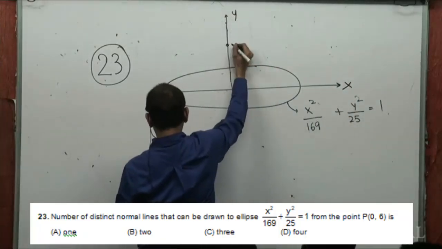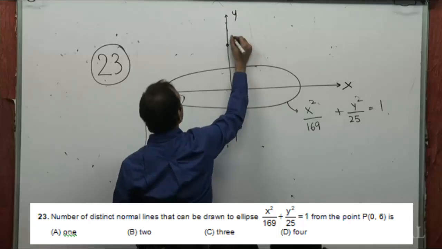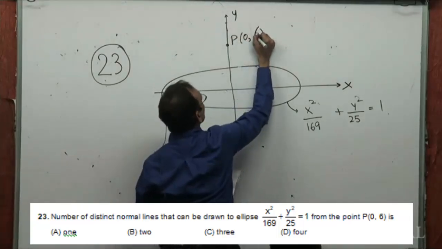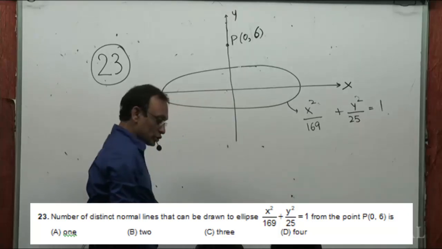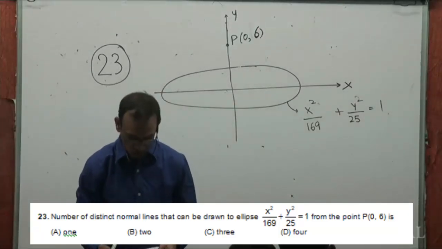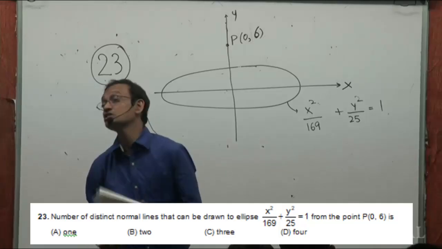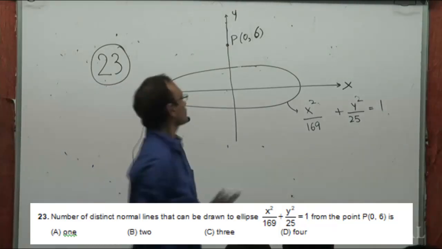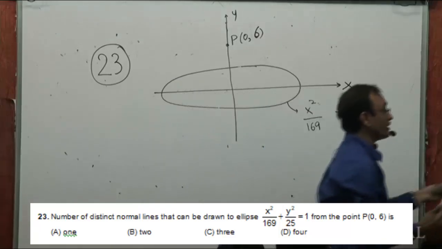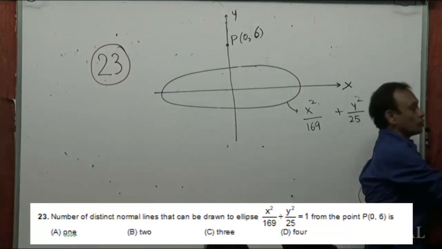There is a point P which is (0, 6) on this ellipse. And we are supposed to be drawing normals to this ellipse from this point. We want to find out the number of distinct normals that could be drawn to the ellipse. One, of course, is this normal, which is the minor axis, right? We need to find out the other normals.